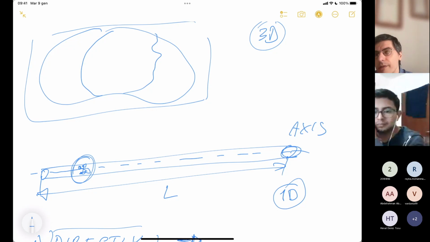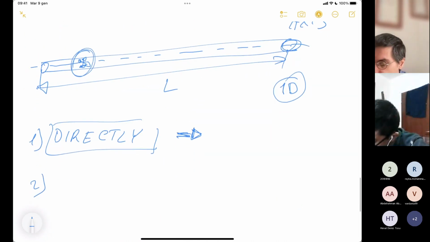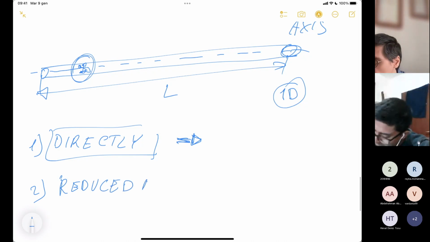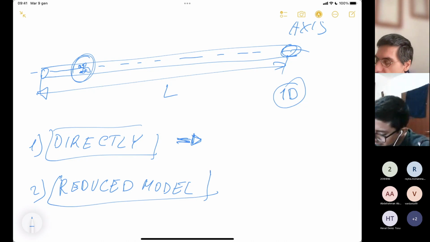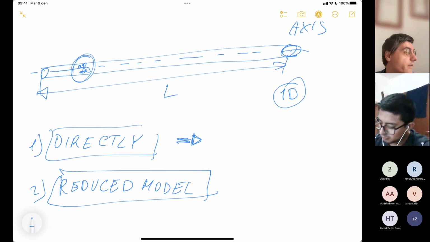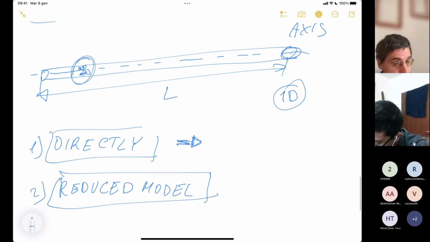So starting from the model which is able to describe a 3D body, we can make some simplification and obtain a reduced model for 1D and for 2D, and we will see how to make this reduction, because, you know, this can be very helpful, especially if we want to see what happened to a plate or a shell.